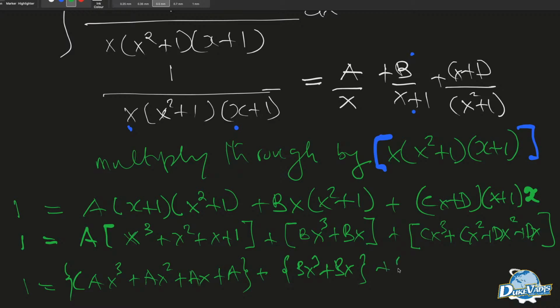Okay, then we have cx cubed plus cx squared plus dx squared plus dx into 1.